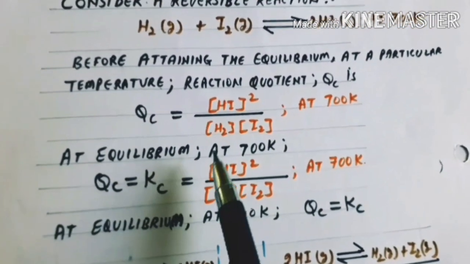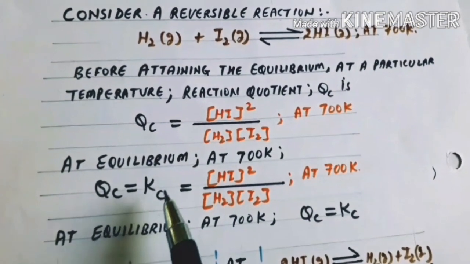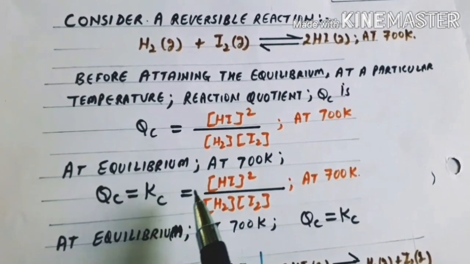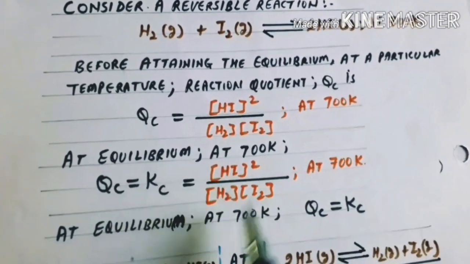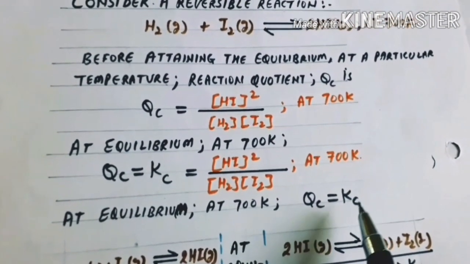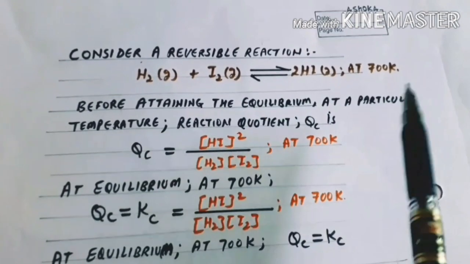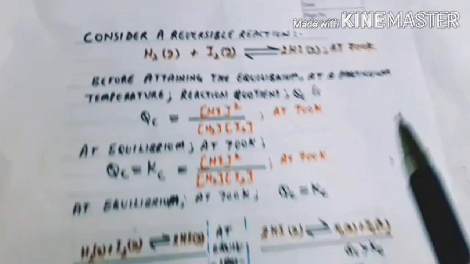At equilibrium, the reaction coefficient is called equilibrium constant Kc. So at equilibrium, we can say reaction coefficient Qc becomes equal to Kc. As we know, the equilibrium can be approached from either side of the reversible reaction.